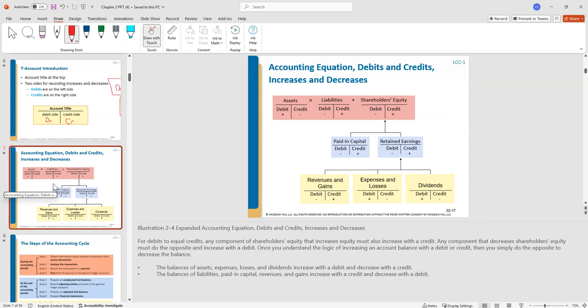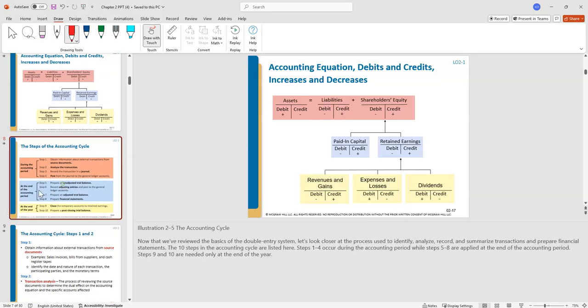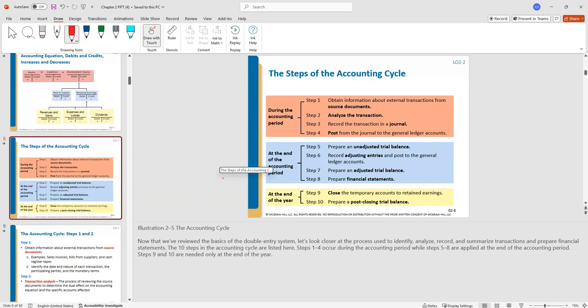We talked a little bit about this framework. Now we're going to get into the accounting cycle. It's kind of like the Lion King, the circle of life. We have our own circle of life in accounting. Every month it repeats. I like to start right here.